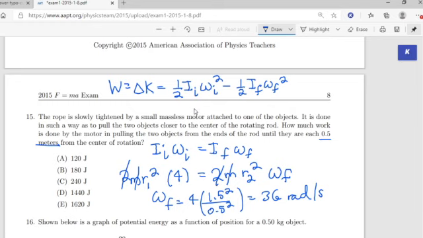Actually, I'm just gonna plug this whole thing in my calculator. Yeah, that would be a lot easier.